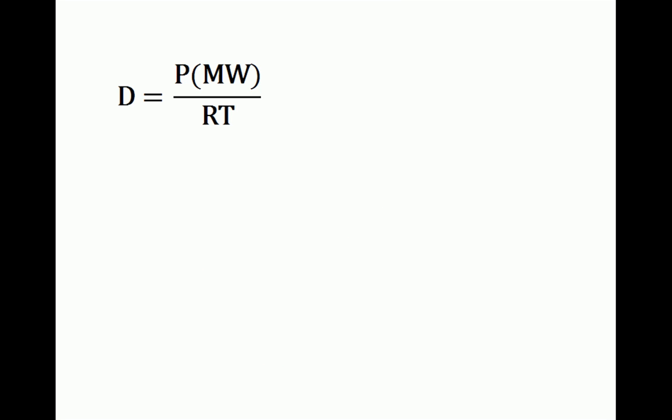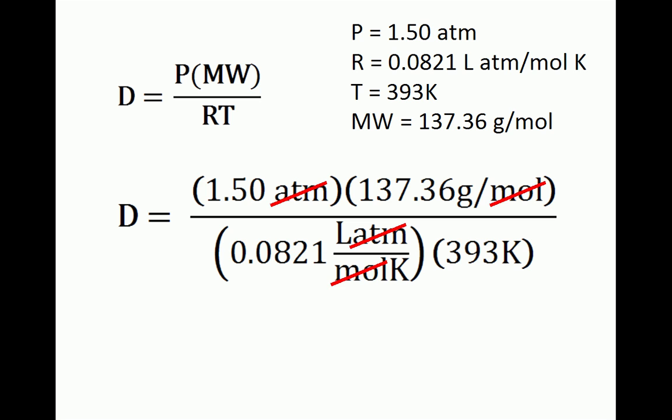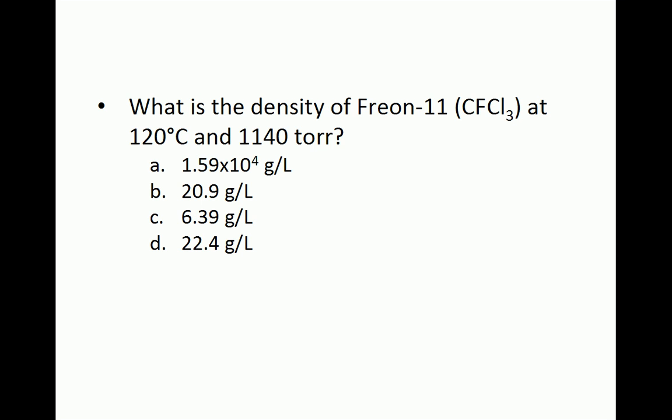Now we substitute these values into the density formula we derived earlier. After performing the calculation, we get density equals 6.39 grams per liter. Therefore, the correct answer is choice C.